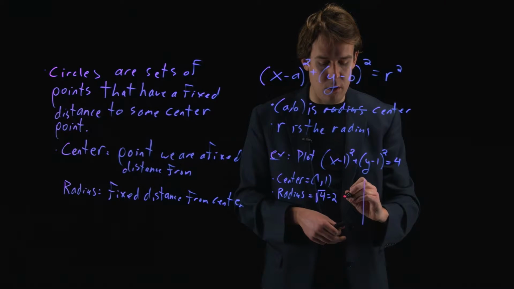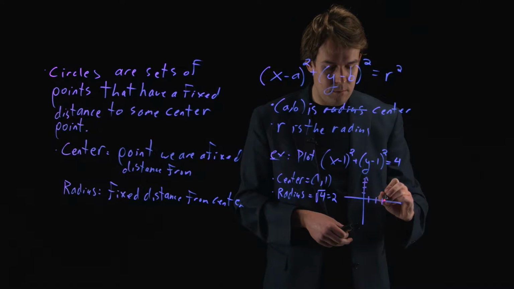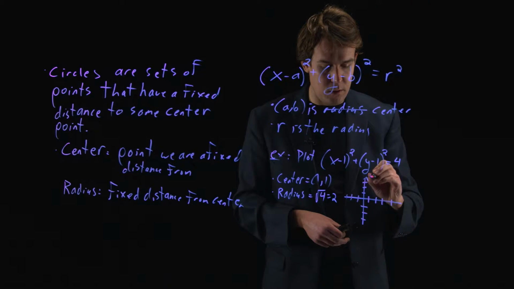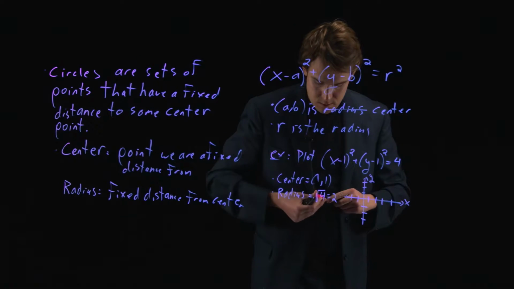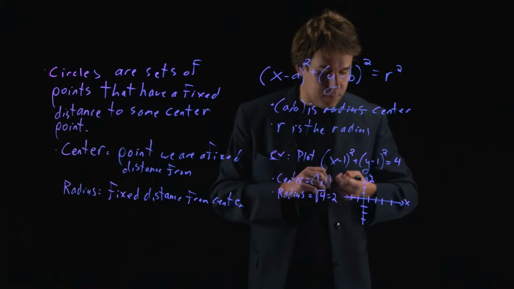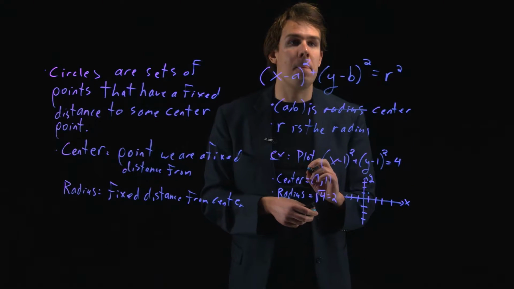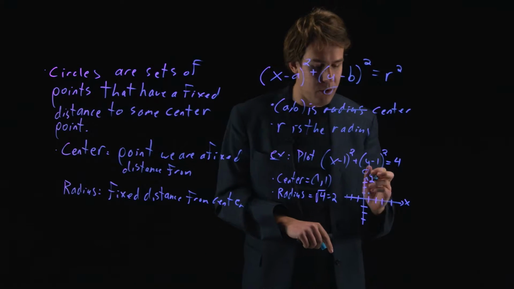I'll draw a little Cartesian grid. So here's the y-axis and here's the x-axis. My center is at (1, 1). And now I'll draw the set of points that are all distance 2 from the center.